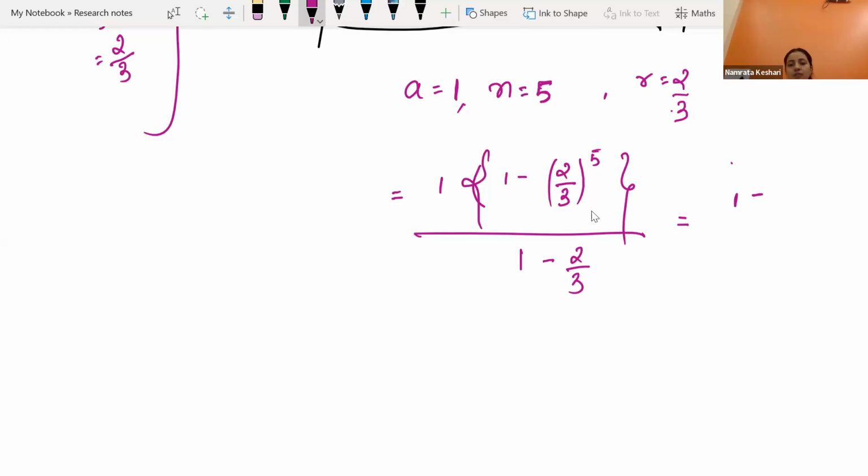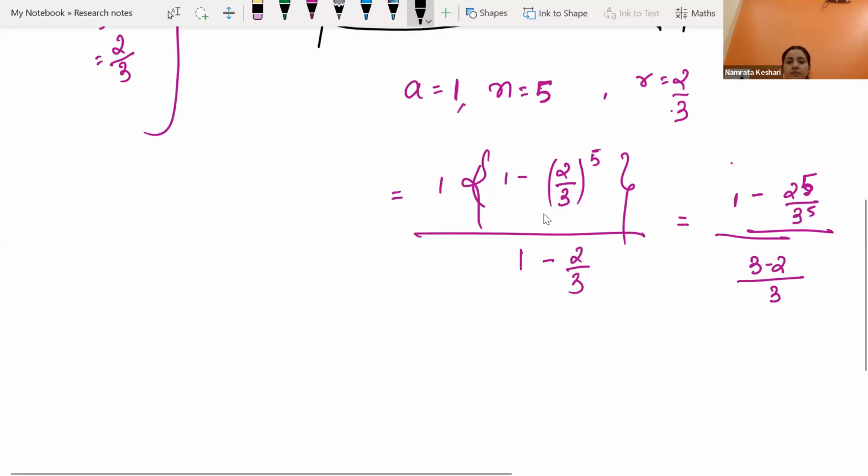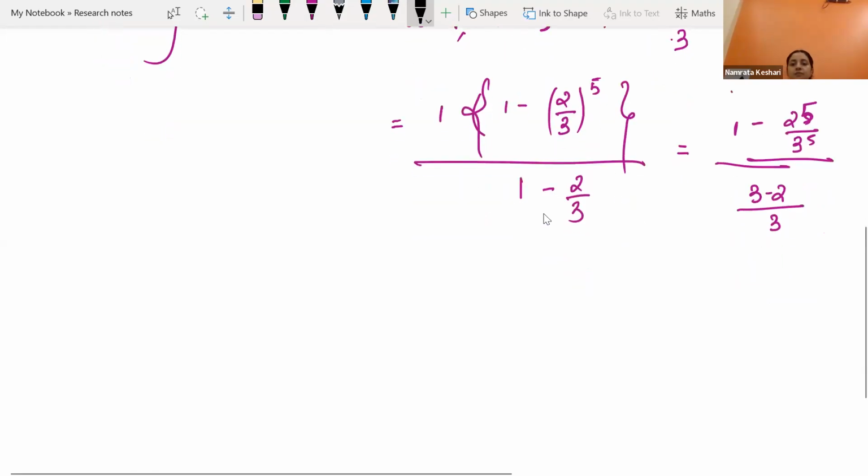Two to the power 5 by 3 to the power 5, over 1 minus 2 by 3. The LCM will be 3 over here, and in the numerator will be 3 minus 2. Yes or no? Right? Yes, ma'am. Okay. In the denominator we are having 3 minus 2, that is 1 by 3.